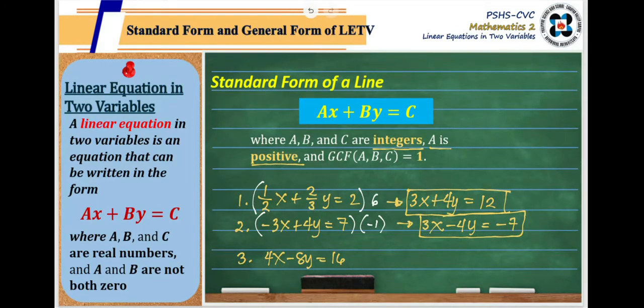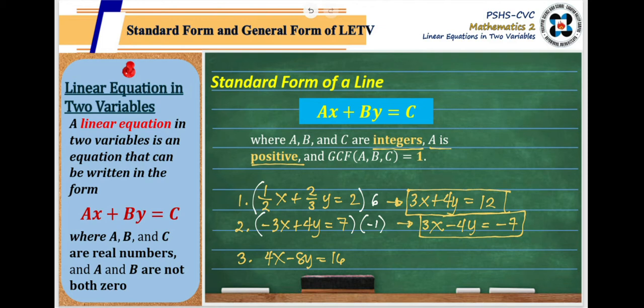But if we check the GCF of A, B, and C, what is the GCF of 4, negative 8, and 16? As we observe, 4, 8, and 16 have a GCF other than 1. If we look at the values of A, B, and C, that is 4, negative 8, and 16, we observe that the GCF is 4.